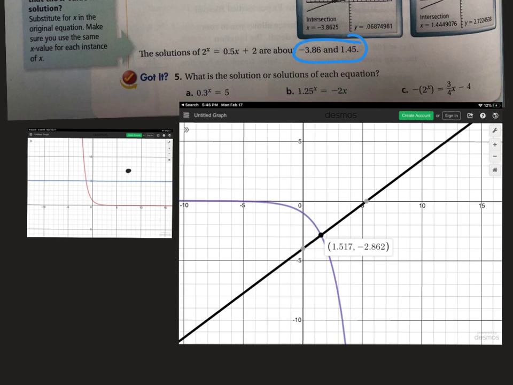For letter C, the black line, that is y equals 3 to the 4th x minus 4.